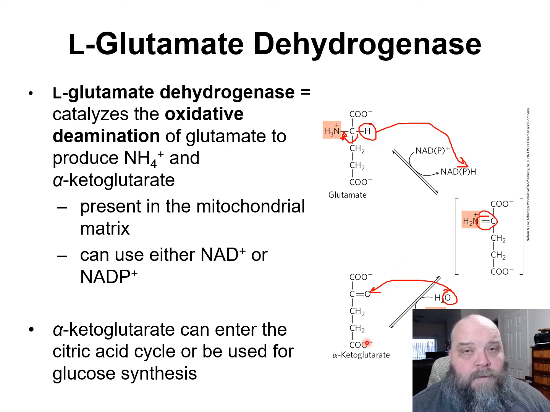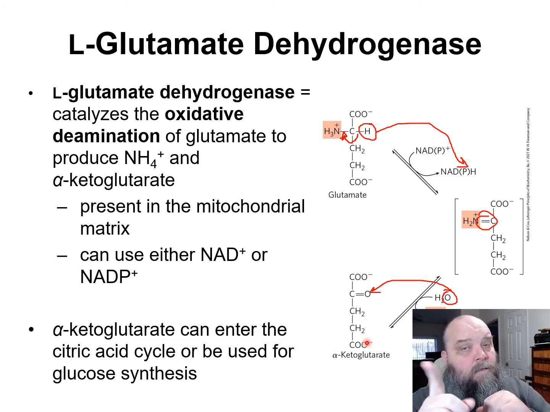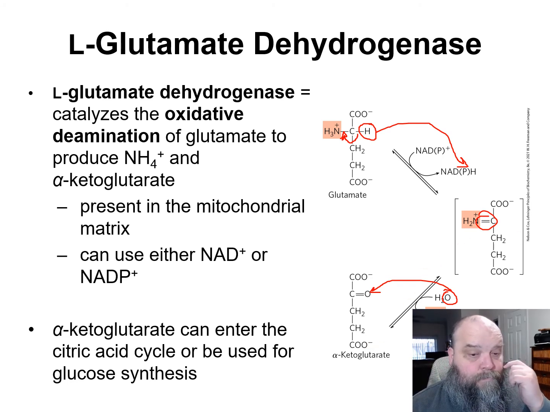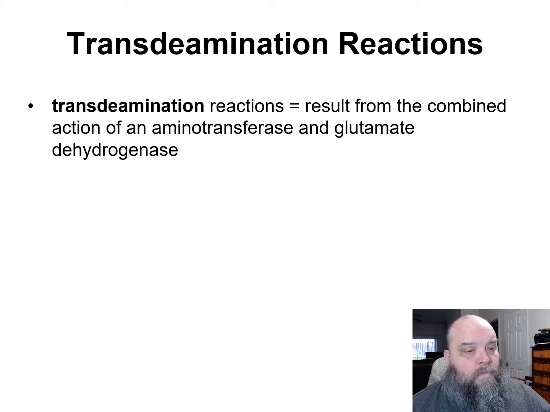Alpha ketoglutarate, remember, is also one of these crossroads. Go one way, citric acid cycle. The other way, gluconeogenesis. Transdeamination.